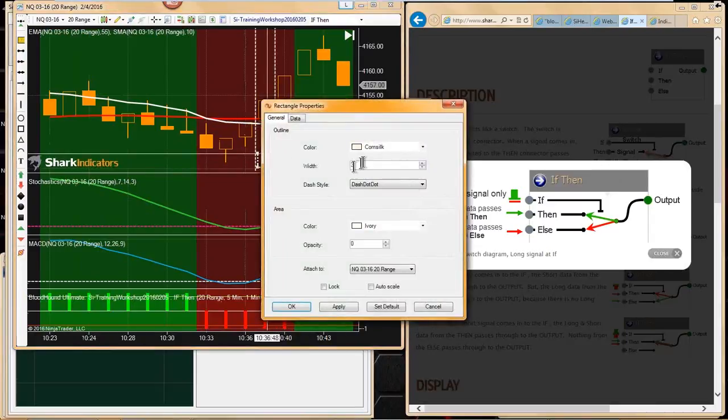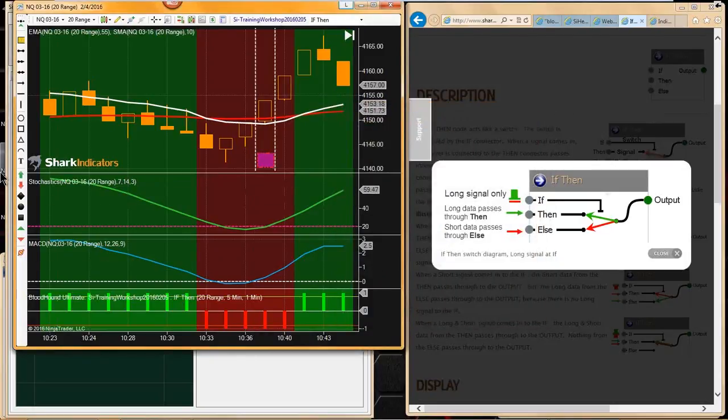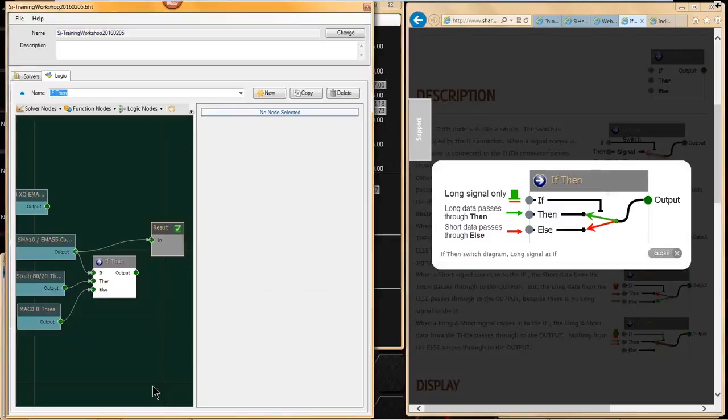All right, so we have a short signal coming in to the if-then node. Okay. So this is the signals coming into the if-then node. Actually, there. So yes, all of these bars have a short signal coming into the if-then node.